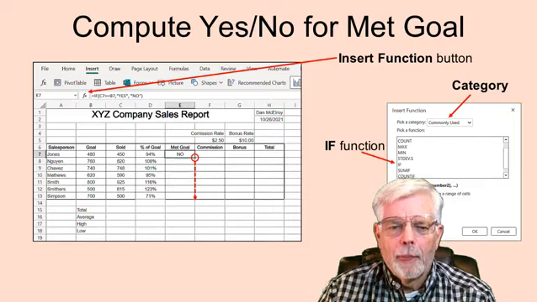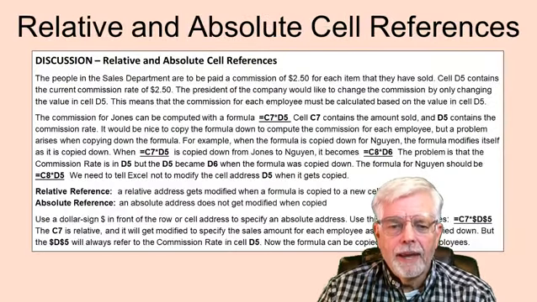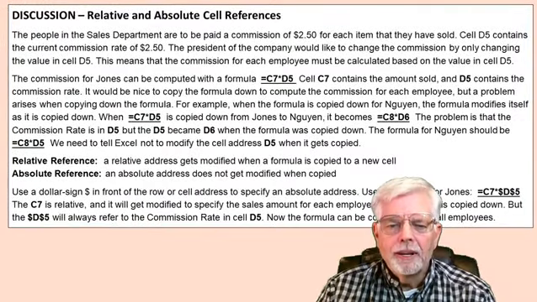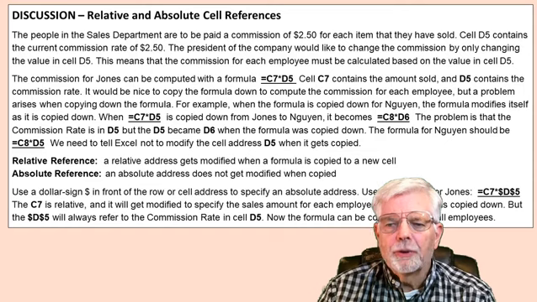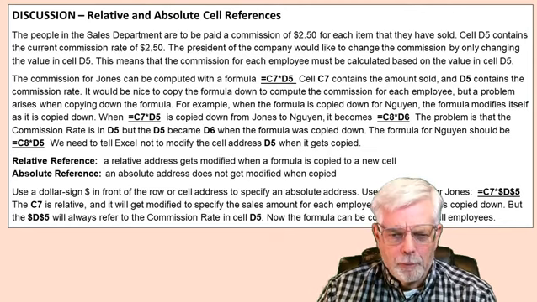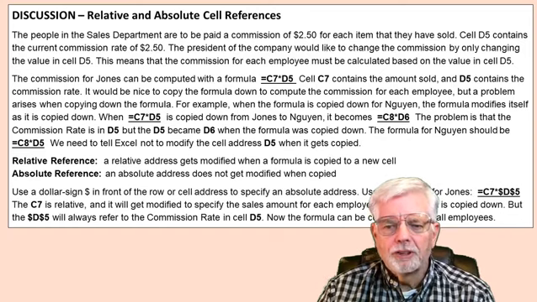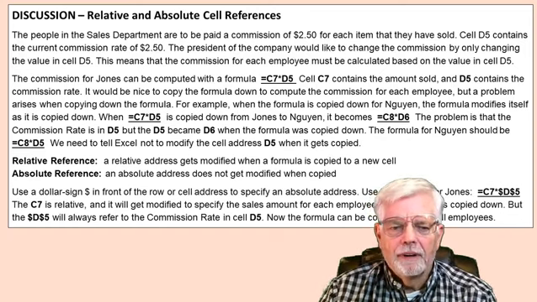Discussion: relative and absolute cell references. The people in the sales department are to be paid a commission of $2.50 for each item that they have sold. Cell F5 contains the current commission rate of $2.50. The president of the company would like to change the commission by only changing the value in cell F5.